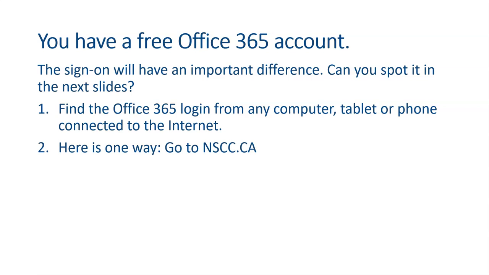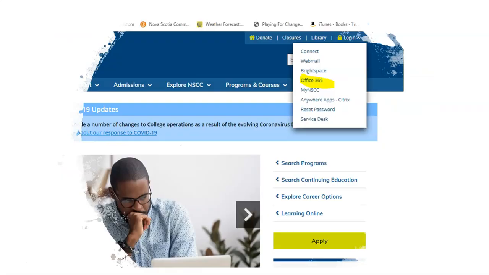You open a web browser the way you usually Google things or find things on the internet, and in the search bar type nscc.ca, and you look carefully at the results that will return, and you will see the NSCC homepage. If you bookmark things, you want to bookmark that because that's a very useful place to start for many computer apps. Once you're there, you click Login and you select Office 365.